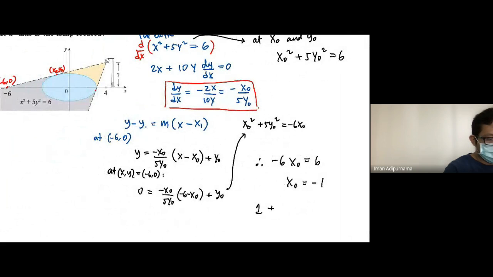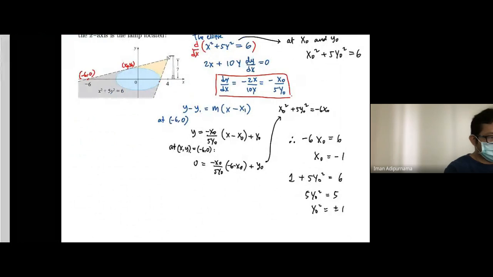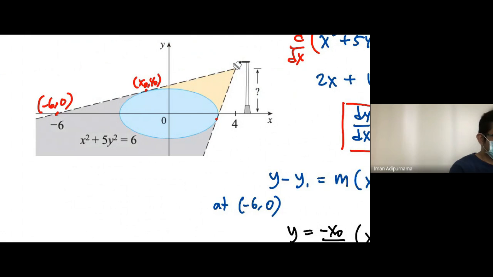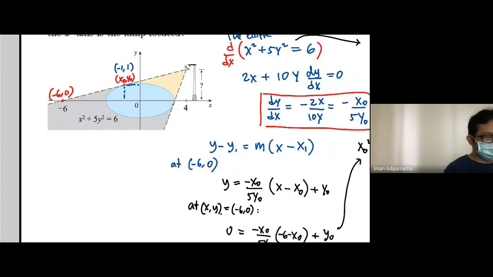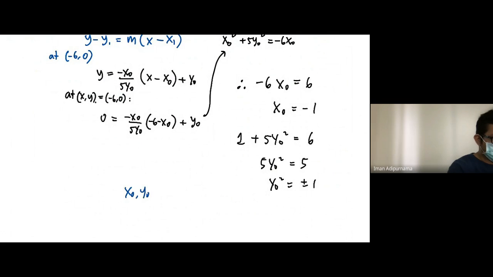And then 1 plus 5 equals 6. And then 5 y squared is equal to 5. So y squared is plus minus 1. But if you look at this one here, it should be positive. So this should be equal to negative 1, 1. So x0, y0 is negative 1, 1.